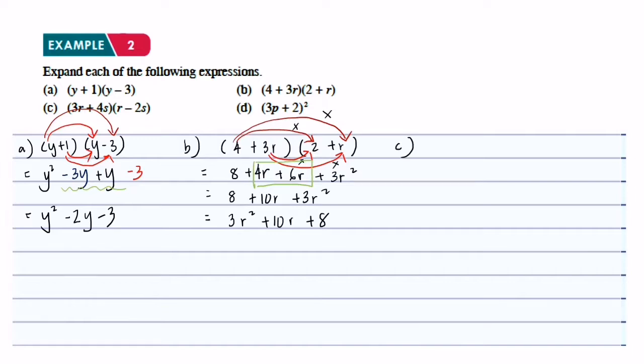C. 3r plus 4s times r minus 2s. Okay, now, still remember how to do it? First, 3r must multiply r, and also 3r must multiply negative 2s.